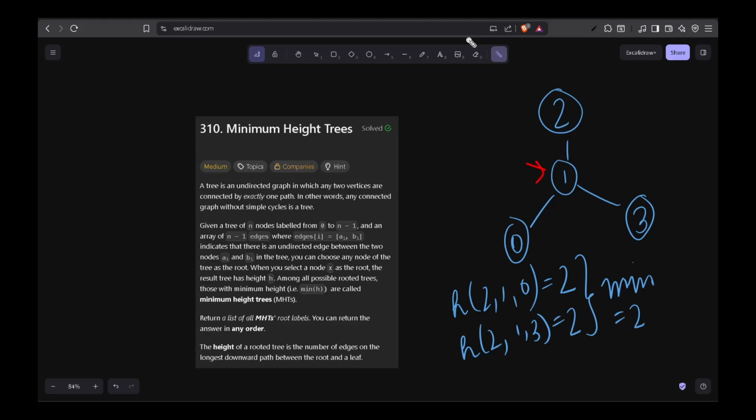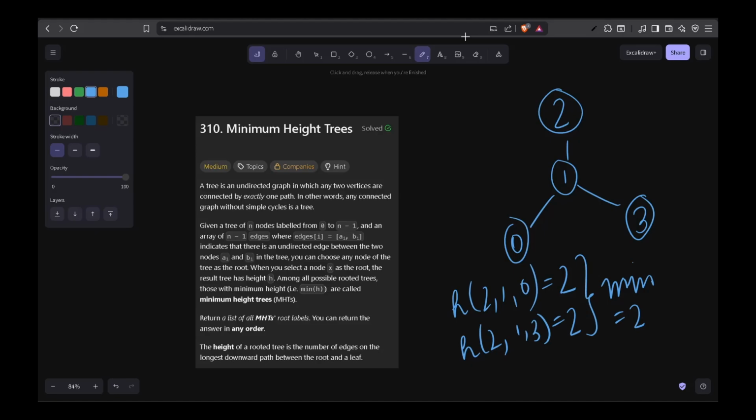But if we choose 1 as the root node, we can only go one way, right? We cannot go back. So when we choose 1 as the root node, we start traversing from 1. So the height of 1, 2 is 1, height of 1, 3 is also 1, and height of 1, 0 is also 1. So the minimum height for root 1 is 1, and that will be our answer.